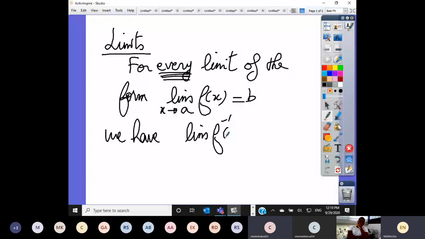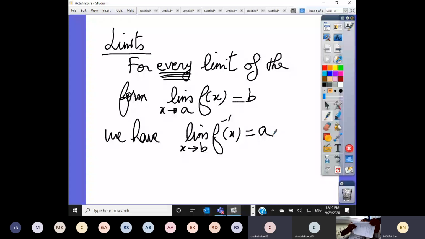Limit of f minus 1 of x when x tends to b is equal to a. Correct? Correct, because x became y and y became x.